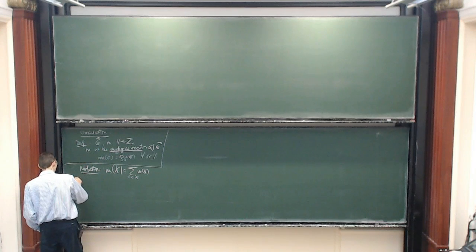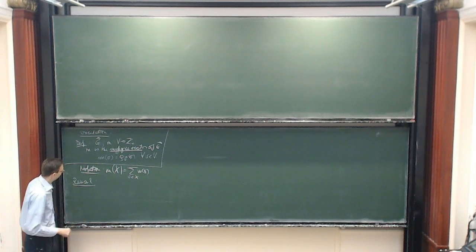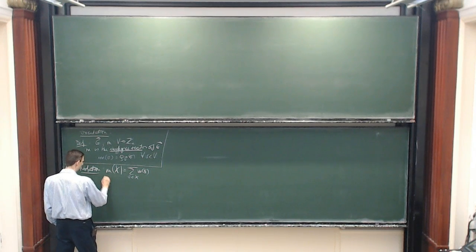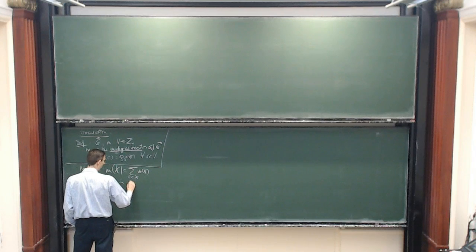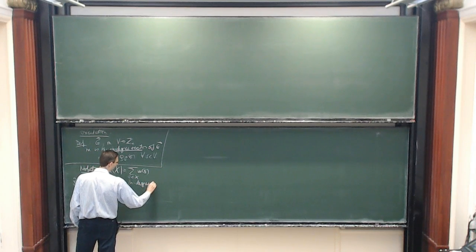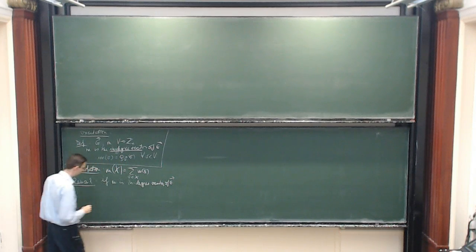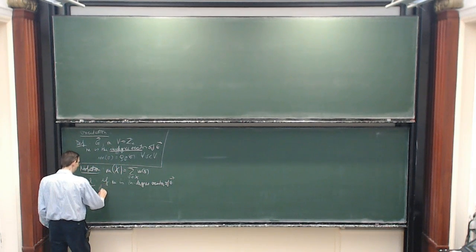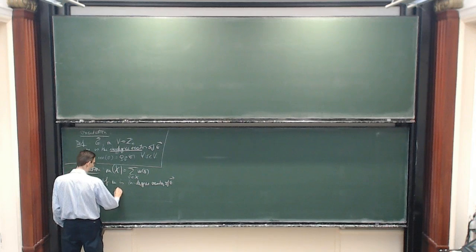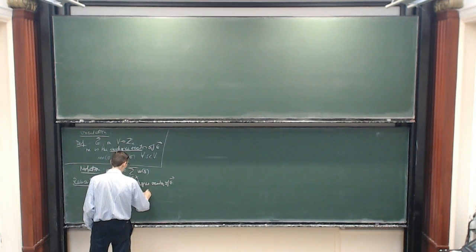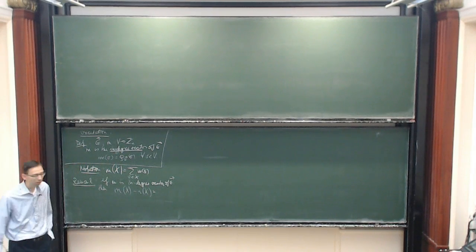And just one more remark before the theorem. If M is the in-degree vector of a directed graph G, then this value M of X minus I of X, you should tell me what it means.